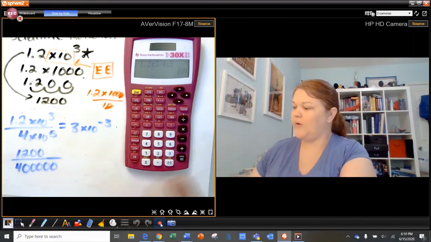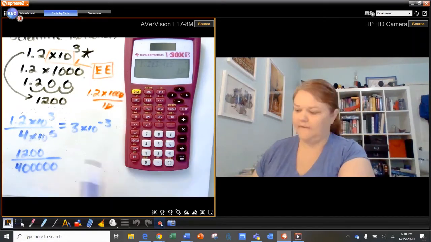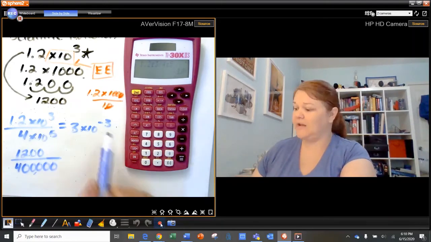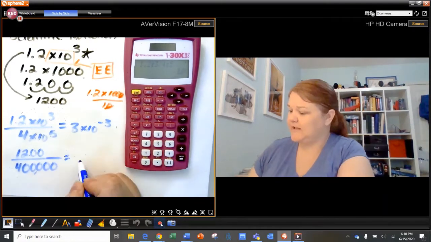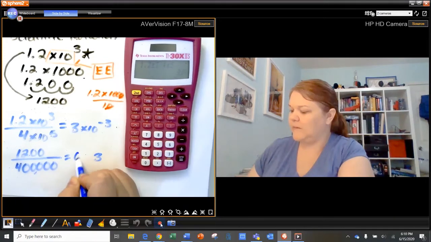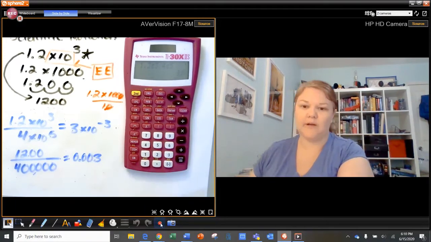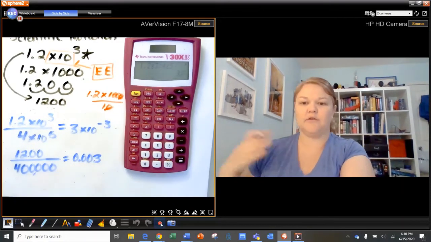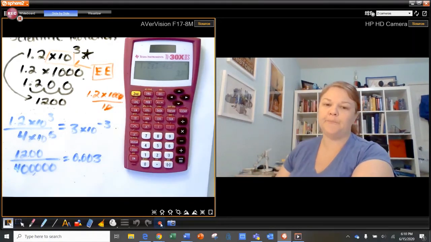So 1,200 divided by 400,000. So that's why we get this number, 3 times 10 to the negative third. 1, 2, 3, is 0.003. We're getting a decimal, right? We've got a smaller number divided by a larger number, so we're going to get a decimal.